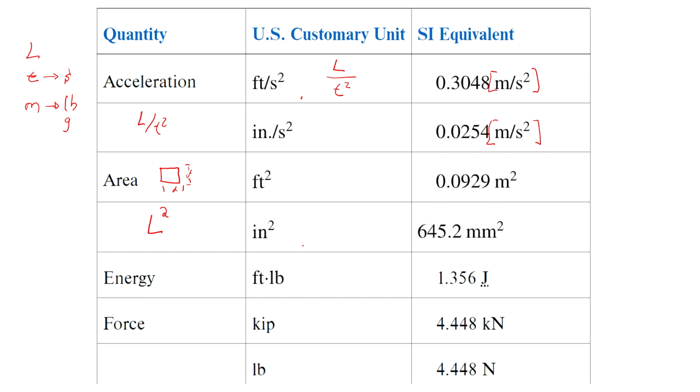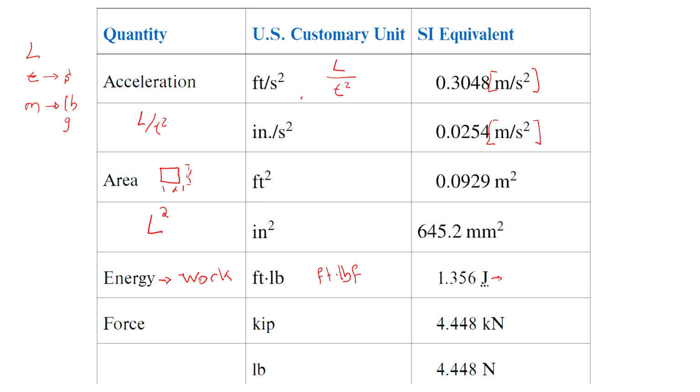Inches squared are 25.4 squared, 645.2 millimeters squared. Energy has the same units as work, which is not the same concept, but the units are the same: pounds times feet, or foot-pounds force, and this is joules.